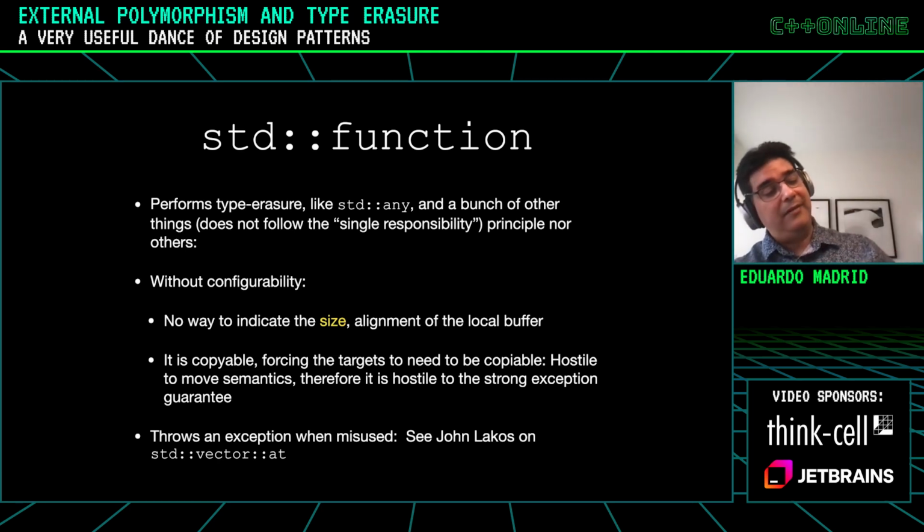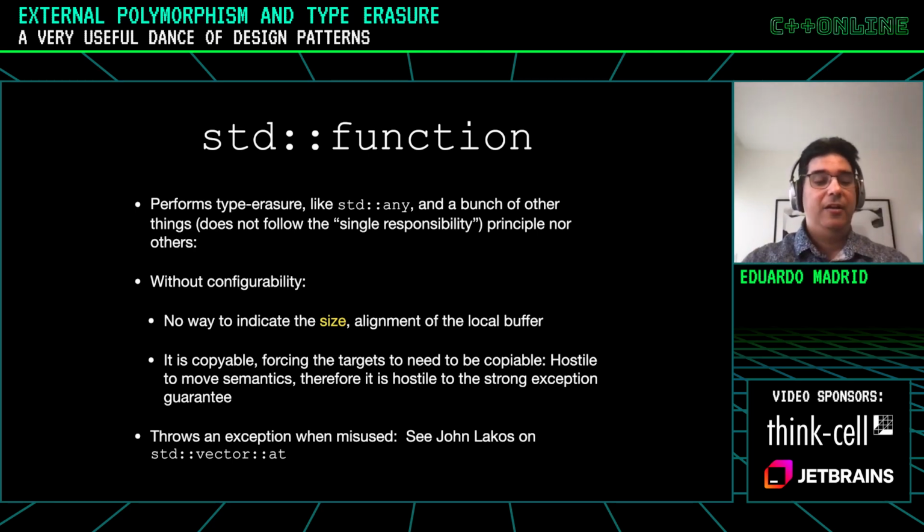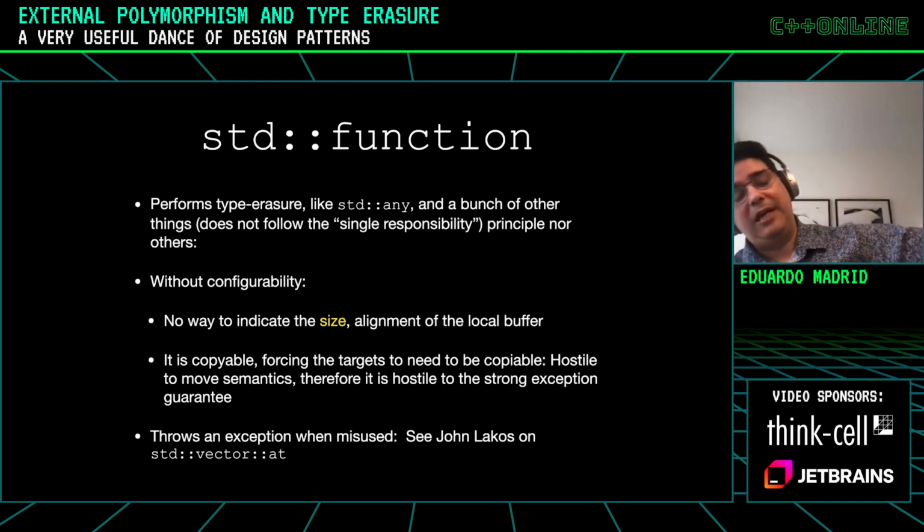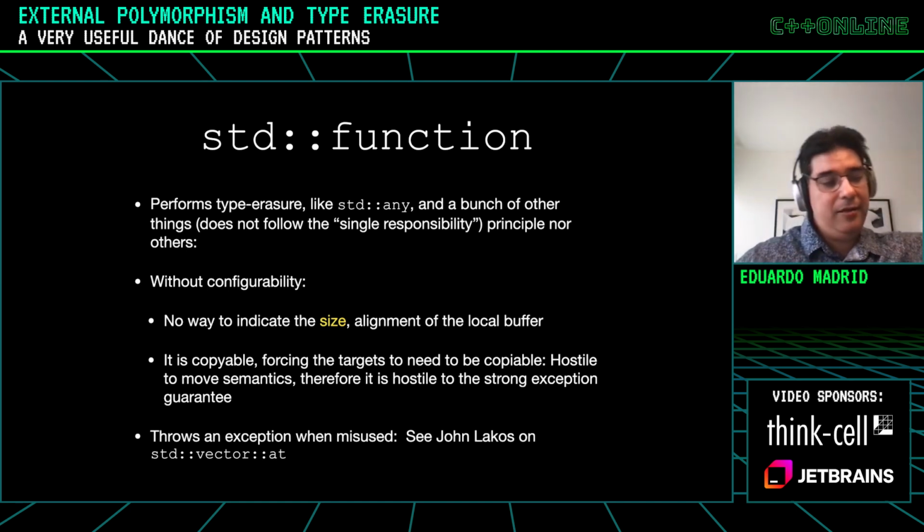It takes something that provides all of the services of type erasure, and my function limits itself to adding to the instance the reference to the function pointer that will invoke the target in the right way. So my standard function doesn't do type erasure. It relies on some other data type that does the type erasure. In that regard, this template adapter respects the single responsibility principle, and that's one problem of how standard function doesn't respect it.